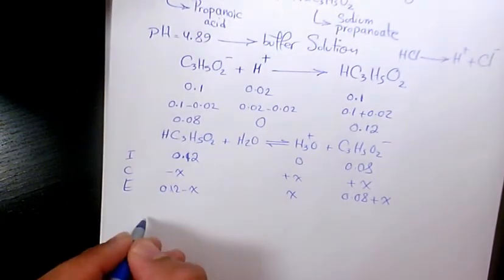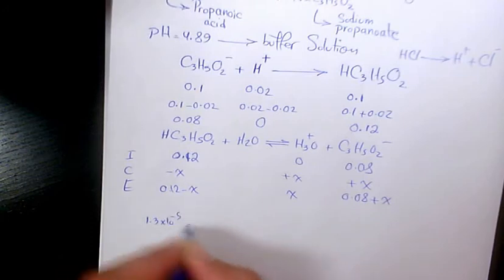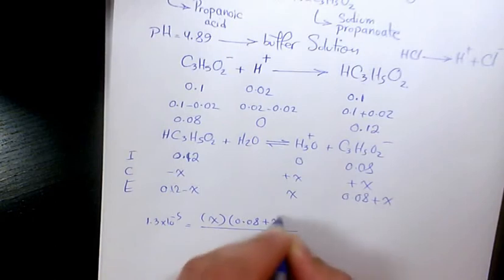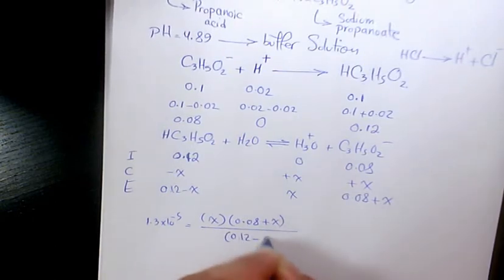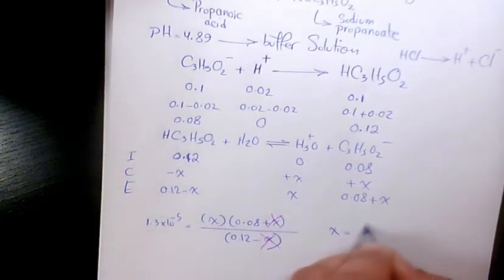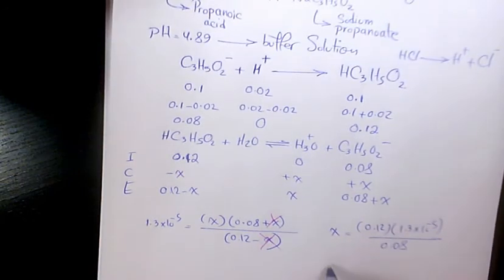Then I can say Ka, which is 1.3 times 10 to the power of negative 5, equals x times 0.08 plus x divided by 0.12 minus x. So x and x cancel out because we assume that they are much lower than 0.08 and 0.12. So x will be 0.12 times 1.3 times 10 to the power of negative 5 divided by 0.08.